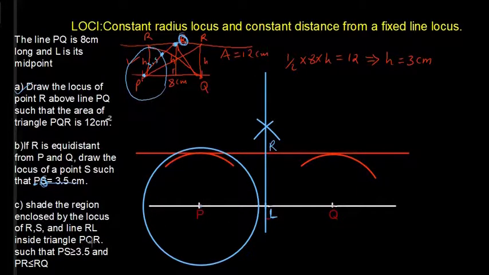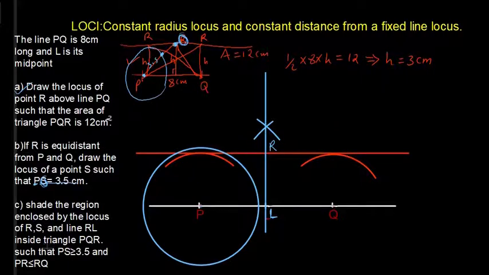Inside triangle PQR, such that PS is greater than or equal to 3.5. So PS is this distance from P up to the locus of S. So this is the locus of S.